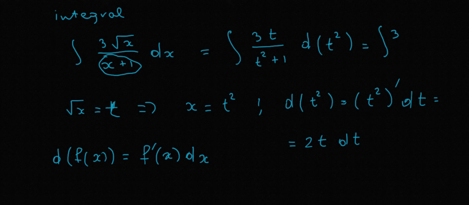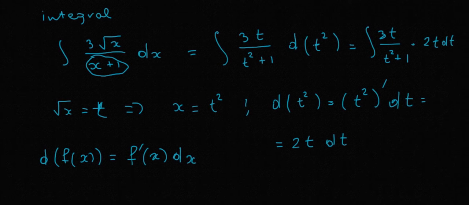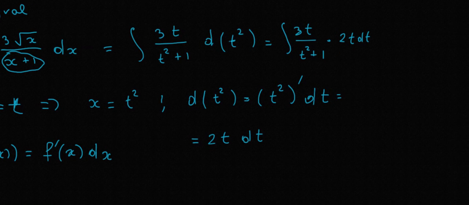So we have the integral of 3t divided by t squared plus 1, multiplied by 2t dt. And we can now multiply 3t and 2t in the numerator to get the integral of 6t squared divided by t squared plus 1 dt.